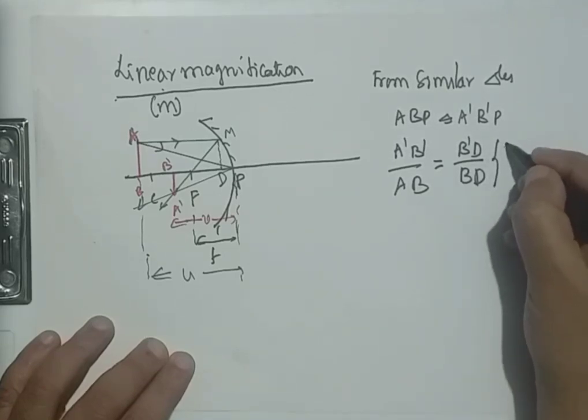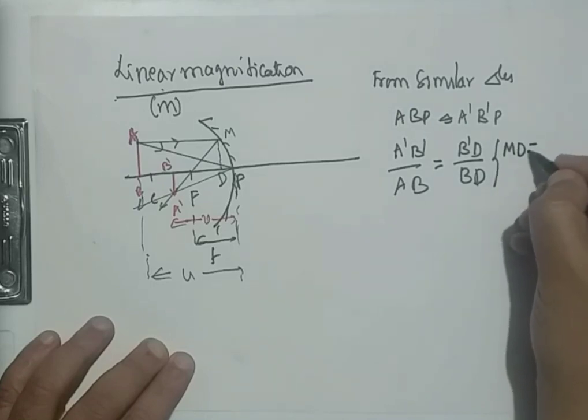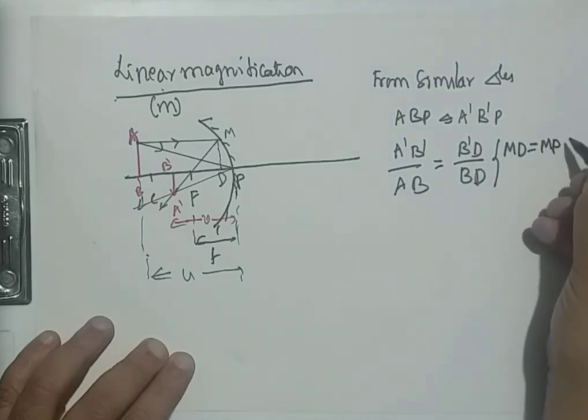Remember, MD is equal to MP for paraxial rays.